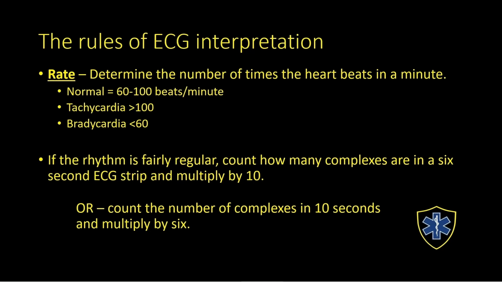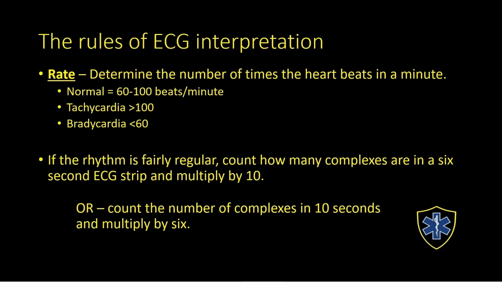That's one way of doing it. Count a 6-second strip and say, okay, in 6 seconds, we've got 5 complexes, 50 beats a minute. Or if in 6 seconds we have 7 complexes, it's about 70 beats per minute. Now, from a clinical standpoint, the difference between, say, 65 and 70 beats per minute or 70 and 80 beats per minute is really very minimal.